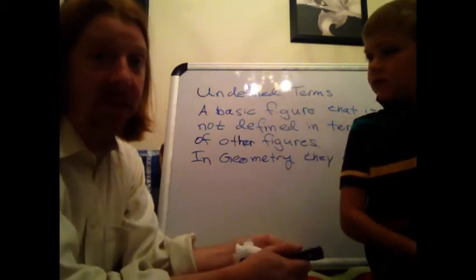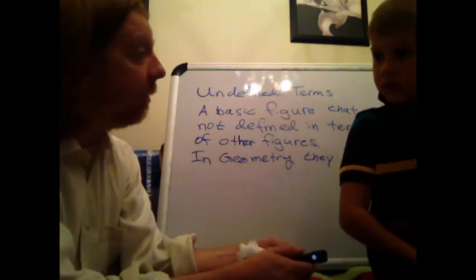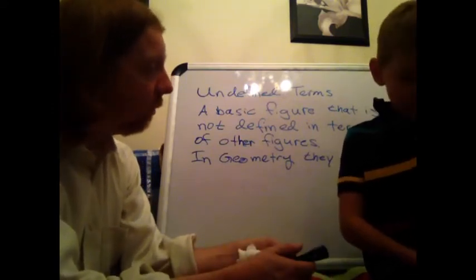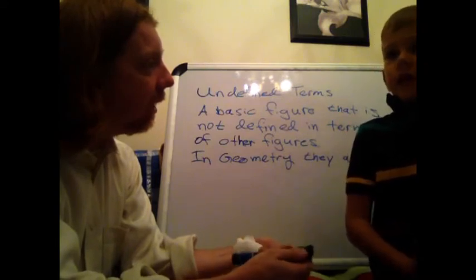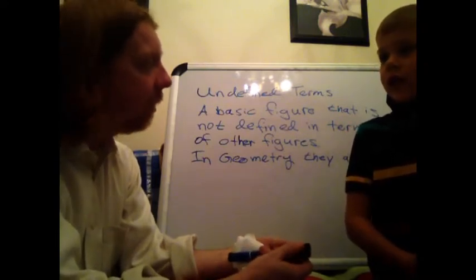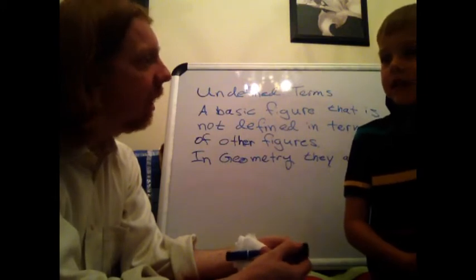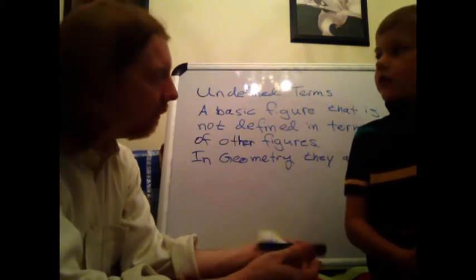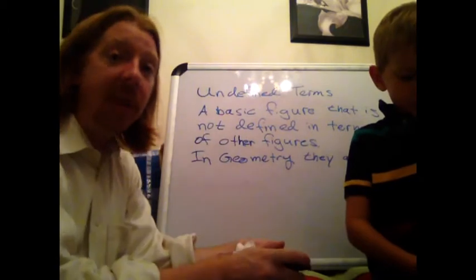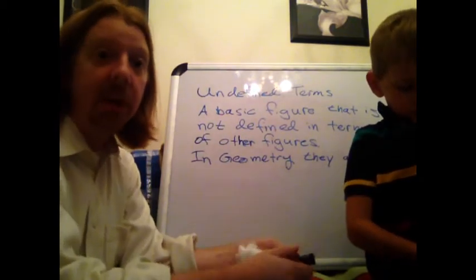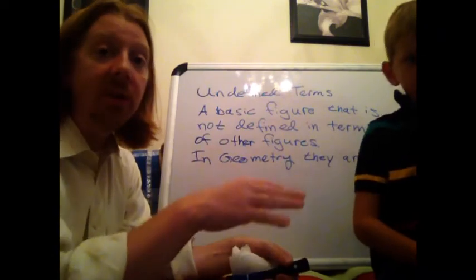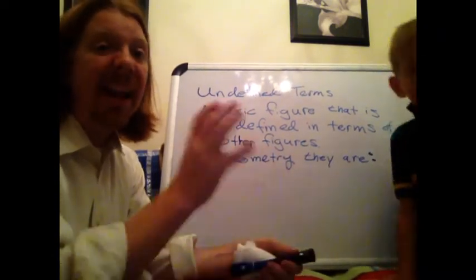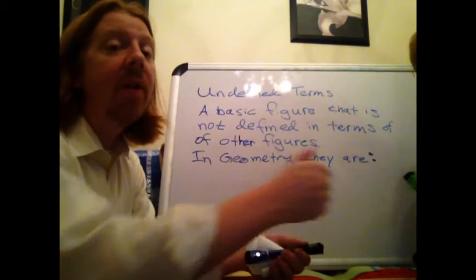Well, that's not much of a definition if you don't know what fur is, right? What's fur? Fur is on many animals, like on tigers and lions and cats. It's like a type of hair. So as you drill down in the definition, there are terms that keep being used. The undefined terms, on the other hand, are terms that they just are, that everything in geometry builds off of.